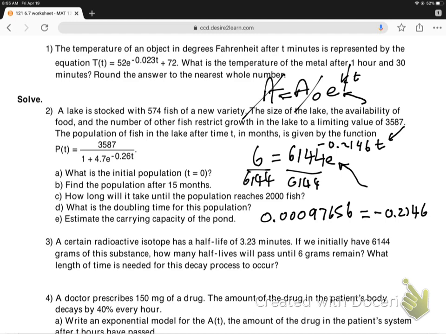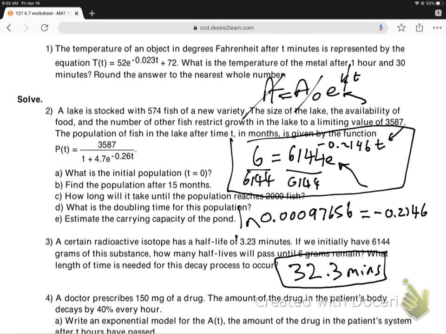So, I'm going to log this, the log of that is negative 6.93. If I divide it by negative 0.2146, I get 32.3 minutes. Okay? That's what I get for doing all of this.